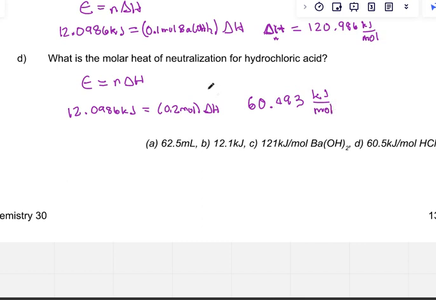Kilojoules per mole. Now, something I often encourage you to do that I kind of forgot to do here: when you write kilojoules per mole, say what you're talking about. Moles of, in this case, barium hydroxide. In this case, hydrochloric acid. That's extra important when you have two delta H's that are both for neutralization, and the only difference between them is what species you're talking about.